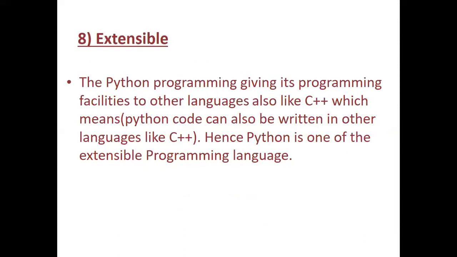Extensible. Python programming gives its programming facility to the other languages also. We know that it gives its facilities to other languages, which is why we have Jython, IPython, and so on. It also gives facilities to C++, which means Python code can also be written in other languages.